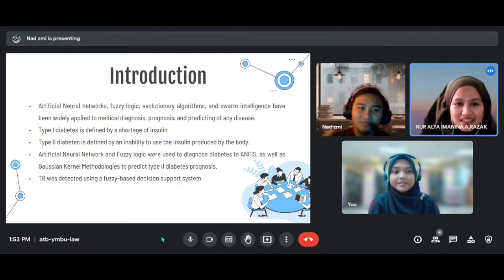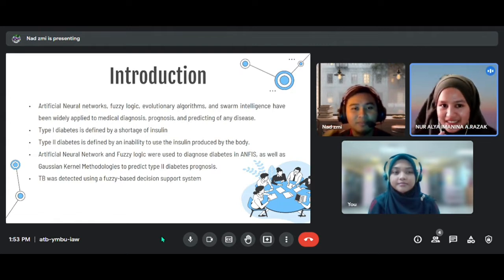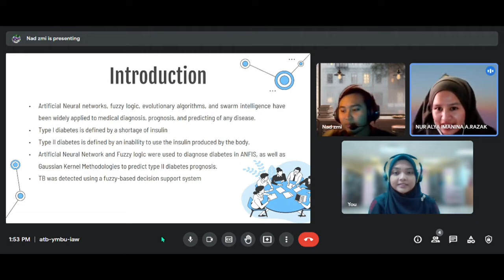Introduction. Computational intelligence, artificial intelligence and soft computing techniques such as artificial neural network, fuzzy logic, evolutionary algorithm and smart intelligence have been widely applied to medical diagnosis, prognosis, and predicting any disease.